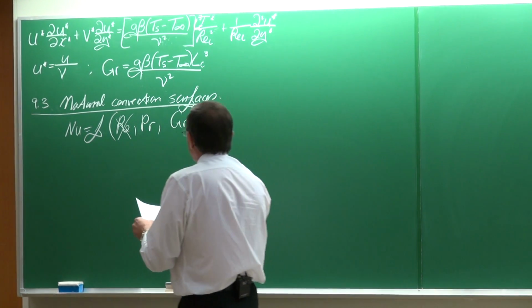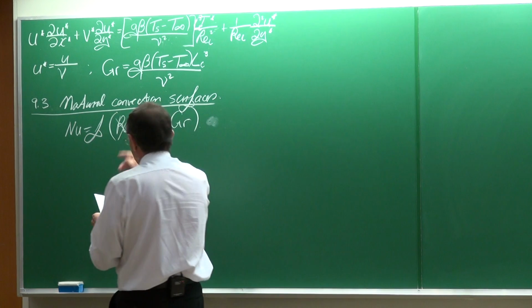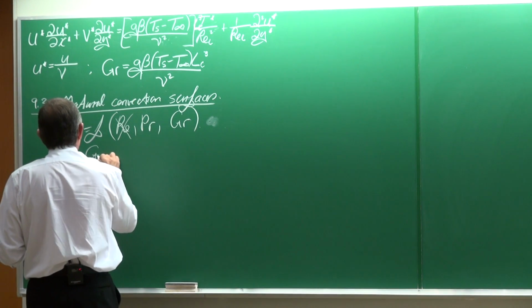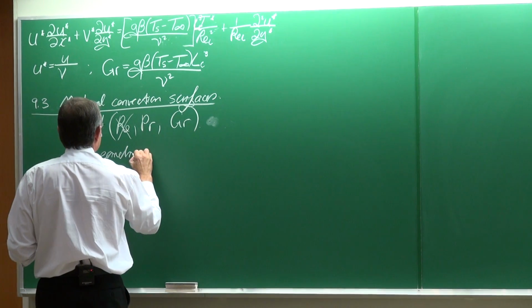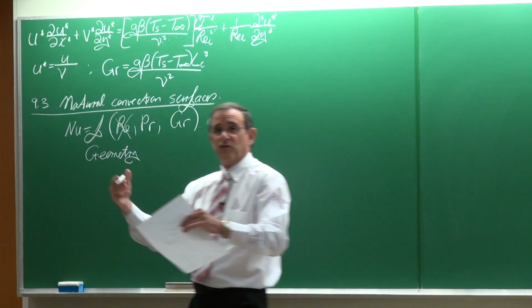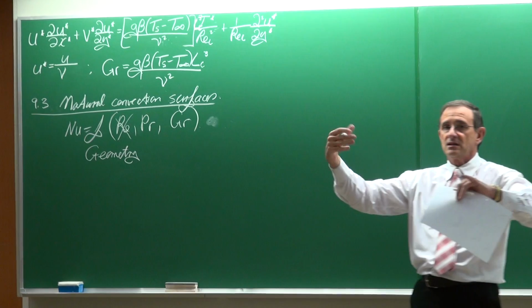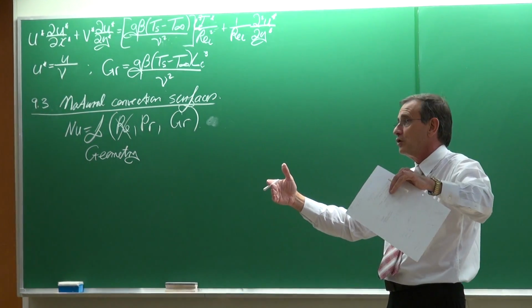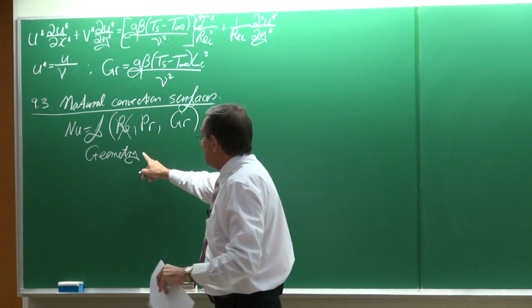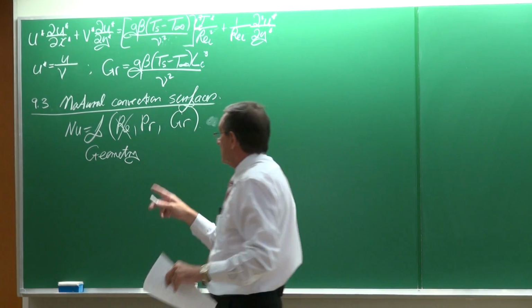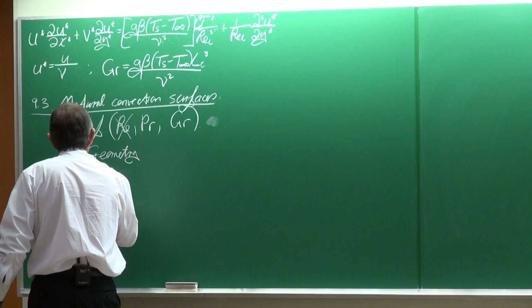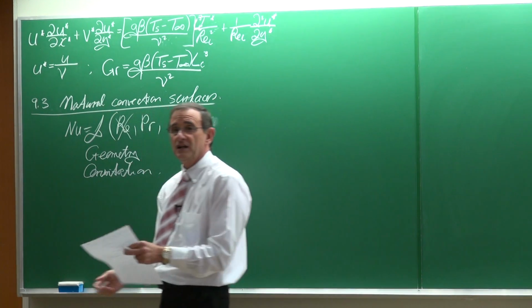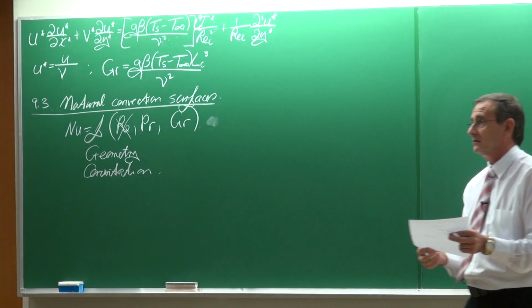So you will see that the Nusselt number for natural convection problems is firstly a function of the geometry of the surface. And the surface can be a flat plate, it can be a cylinder, it can be a sphere, it can be the fins on the outside of an electronic component. So it depends on the geometry. Then also the orientation, and specifically the orientation with gravity.